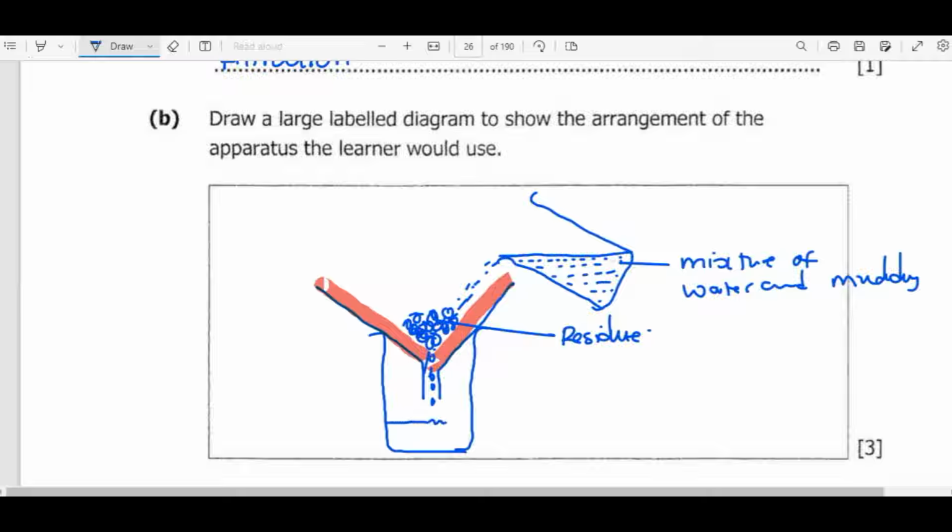We are going to have the filtrate, which is the water that we want, collected here. So we have our filtrate, then we have the funnel, then we have the filter paper. So this is what we can draw.